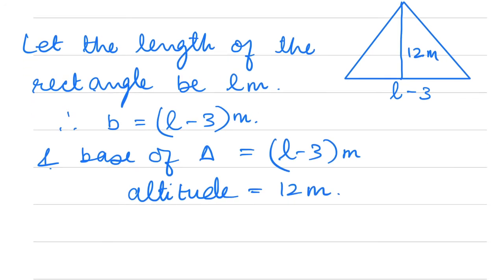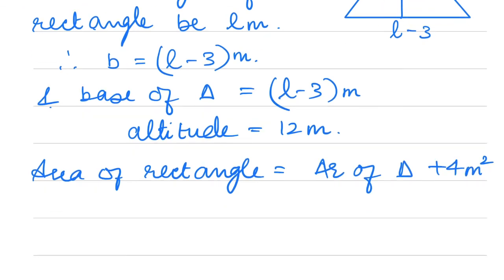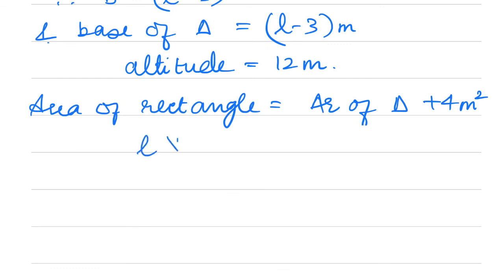Now let's substitute. Area of rectangle is equal to area of triangle plus 4 square meters. So we have area of rectangle as length into breadth, equal to half into base into height plus 4.